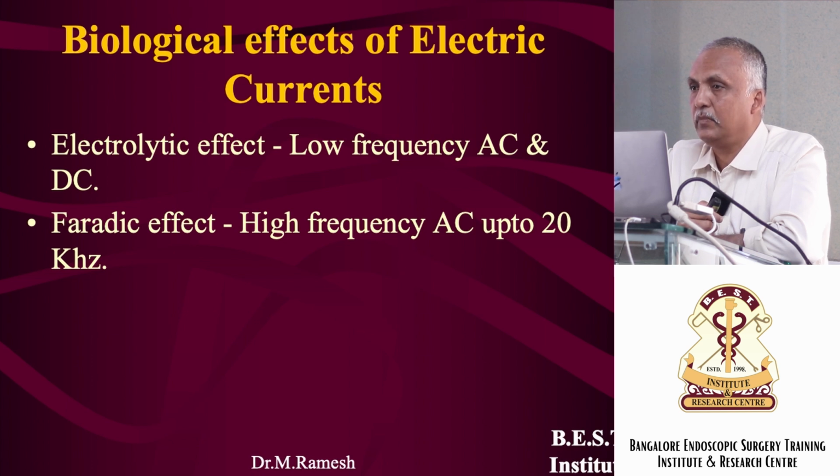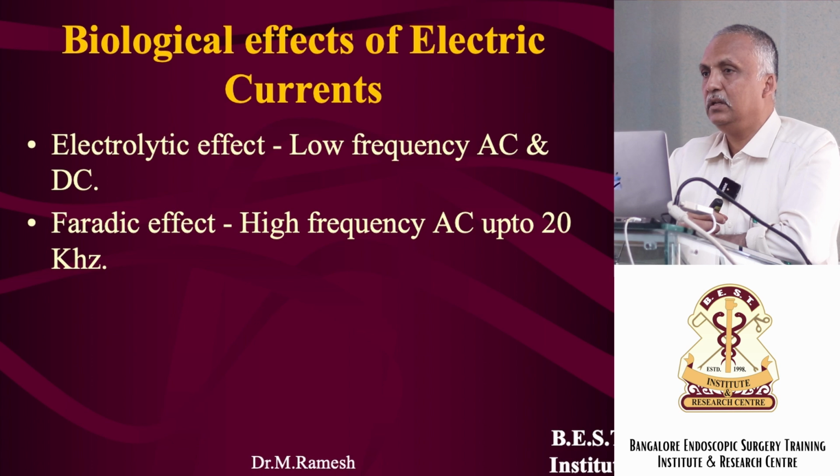Physiotherapists use it. Where do they use it? Nerve stimulator, muscle stimulator. Erb's palsy, you all know what it is. Where do you get Erb's palsy? Shoulder dystocia. So what happens?